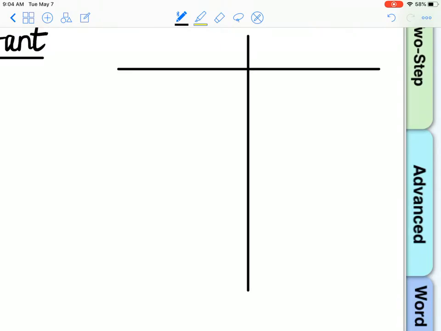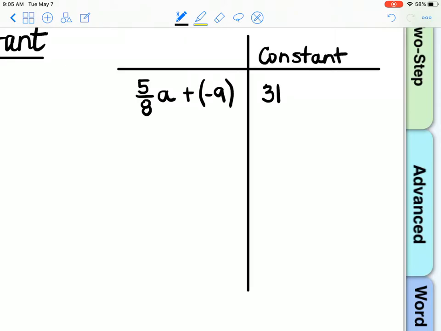Okay, this one is 5/8 of a plus -9 equals 31. So this is a constant side. The variable is on the left.